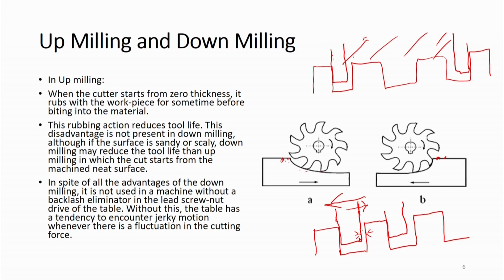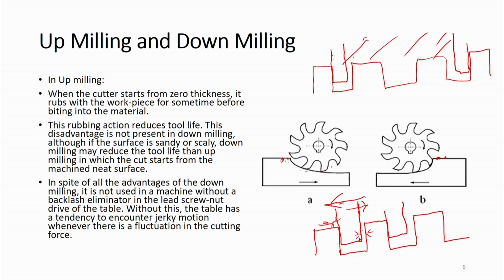In most machines there is no proper backlash elimination arrangement, that is why generally up milling is preferred there, and down milling is not preferred, because in up milling it will always keep pressing in one particular direction, since these motions are in opposite directions. So, proper pressing is there.